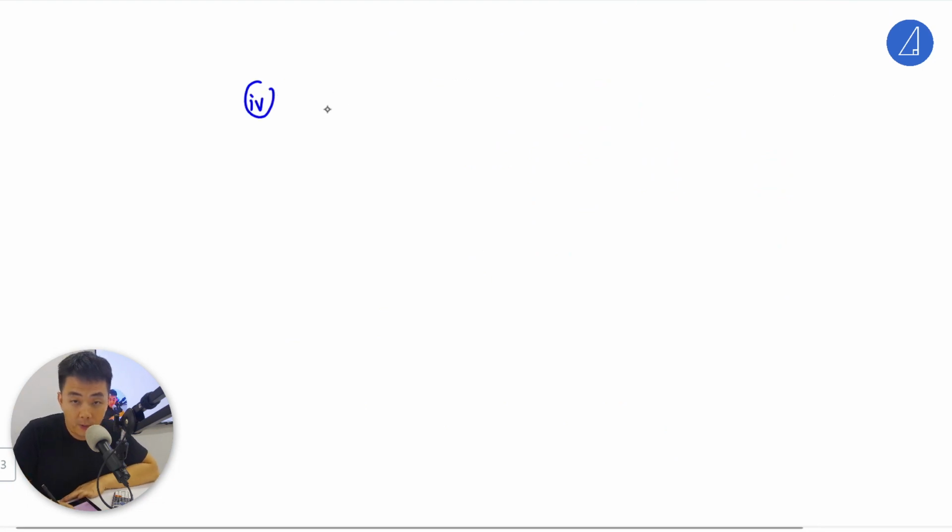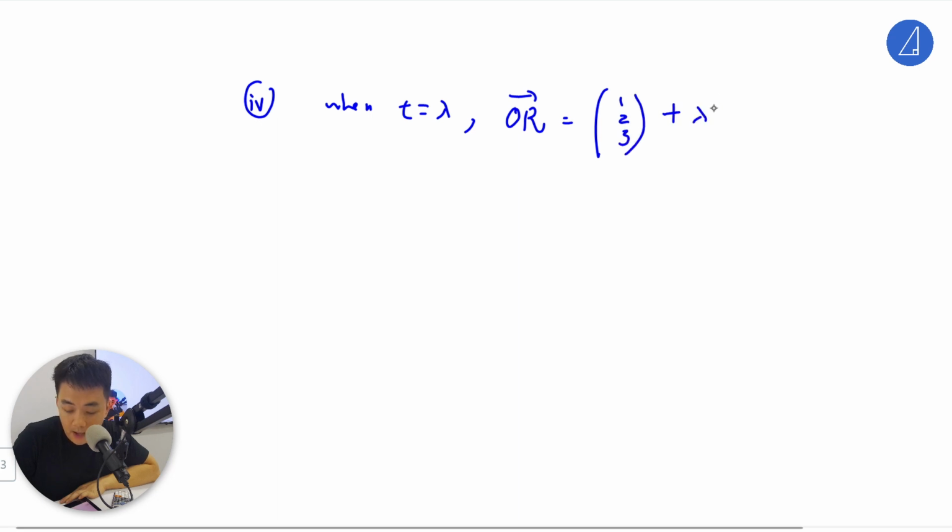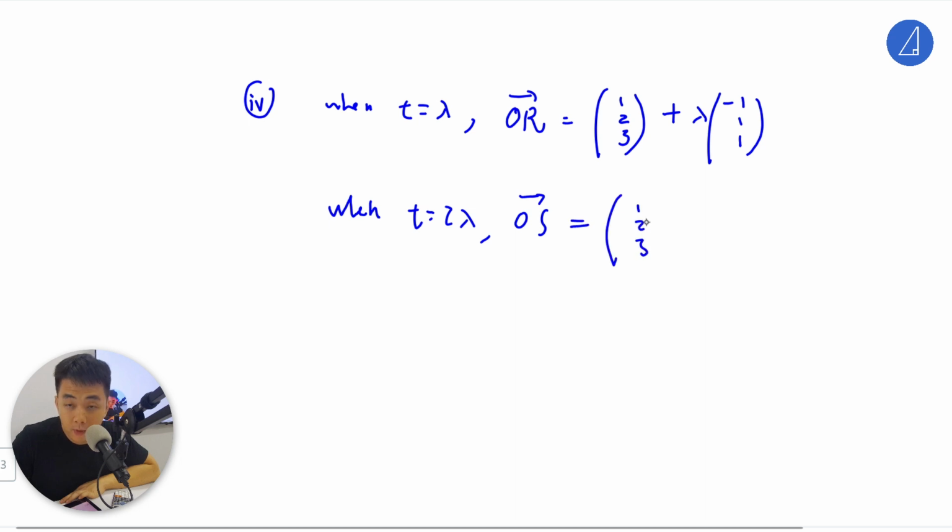So you just let t equal to lambda, that will give us OR, the position vector of R, which is 1, 2, 3 plus lambda times minus 1, 1, 1. So when t equals to 2 lambda, OS is just 1, 2, 3 plus 2 lambda times minus 1, 1, 1.